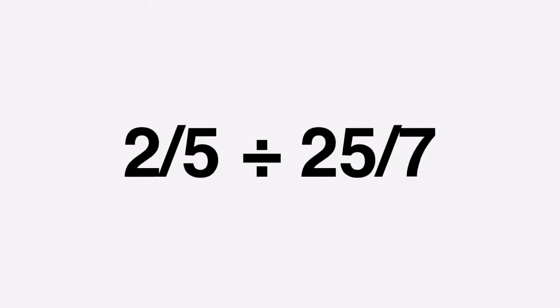So 3 and 4/7 is equivalent to 25 sevenths. And so our problem now looks like this: 2/5 divided by 25 sevenths. And we can do this using multiplicative inverse, multiplying by the reciprocal, and we'll find that 2/5 divided by 25 sevenths is equal to 14/125ths.